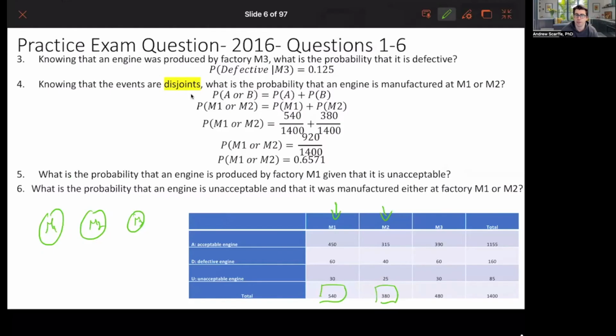Now that's one way to solve this. The other way to solve this would be the probability of M1 or M2 is simply equal to 1 minus the probability that it's M3, which is equal to 1 minus 480 over 1400.